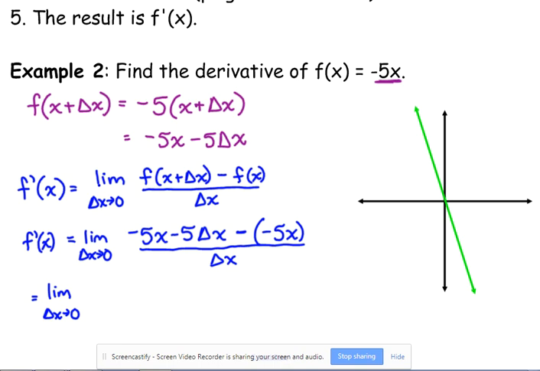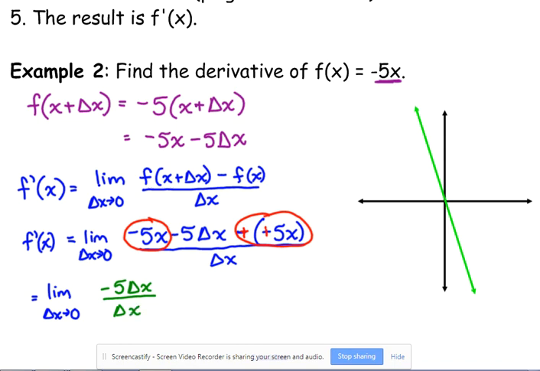All right, if we apply that negative, we're subtracting a negative number, so that turns out adding a positive. We've got negative 5x plus 5x here. That goes away. So we've got, right here we have negative 5 delta x over delta x.